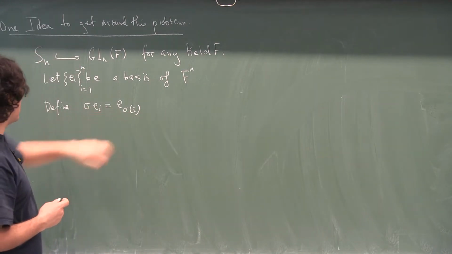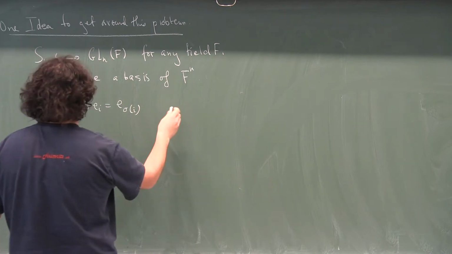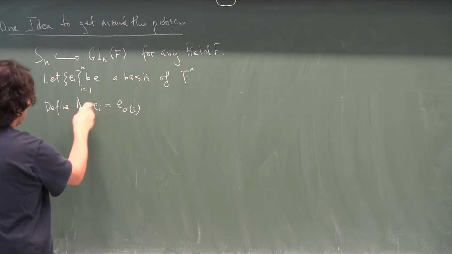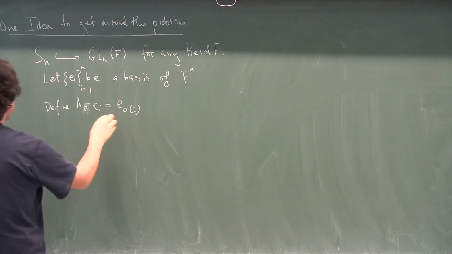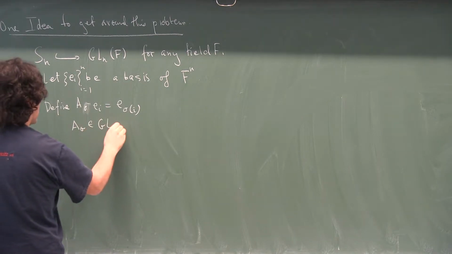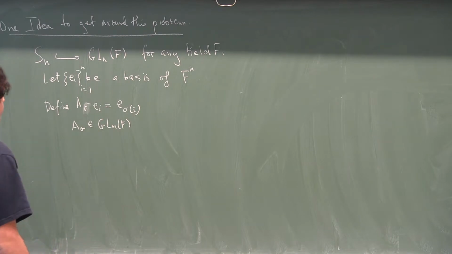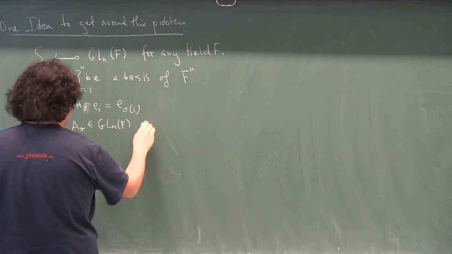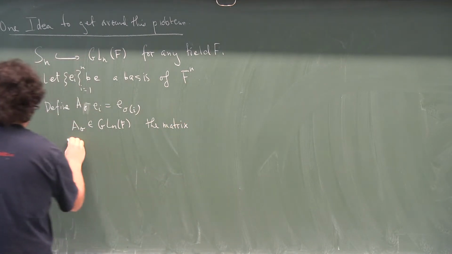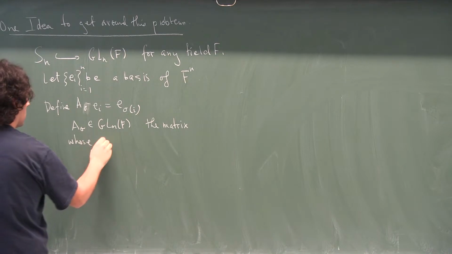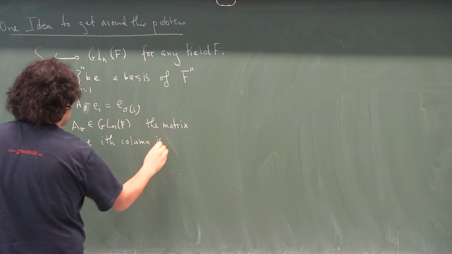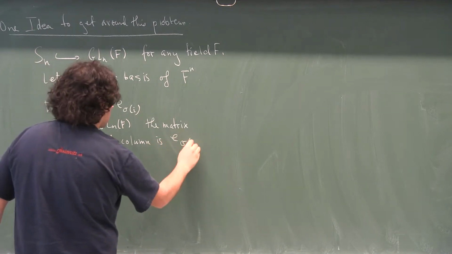So the matrix associated, let's maybe call this A_sigma. A_sigma is in GL_n(F), and this is the matrix whose ith column is e_sigma(i).